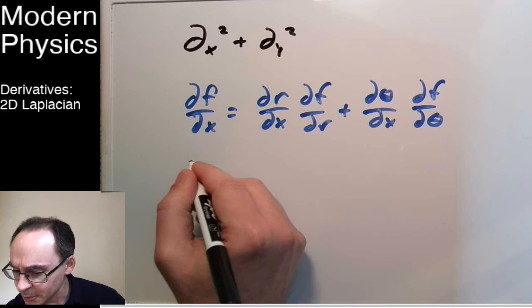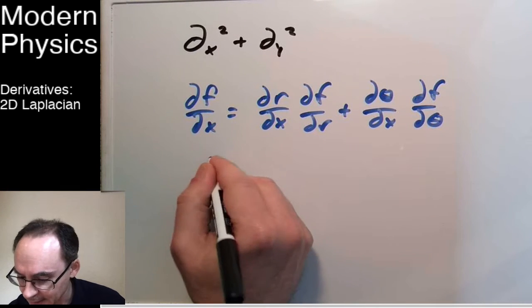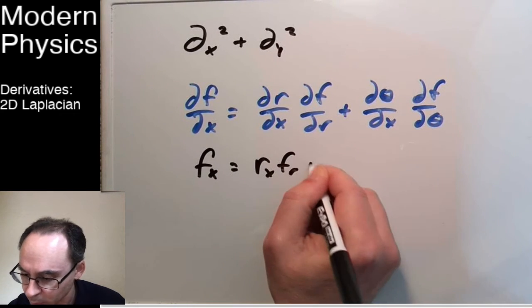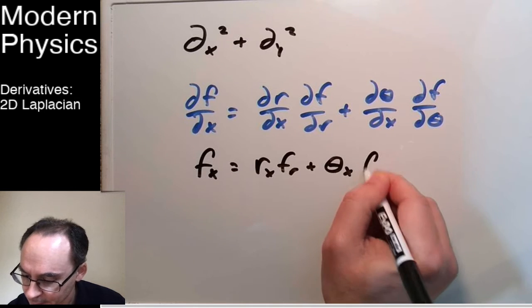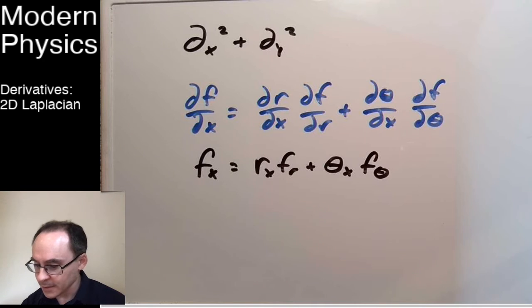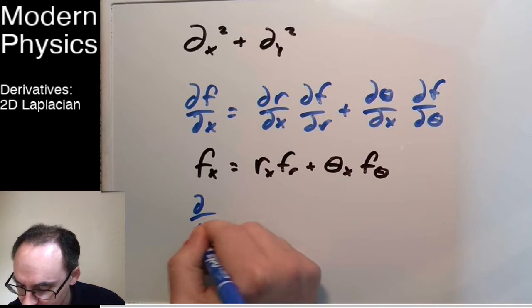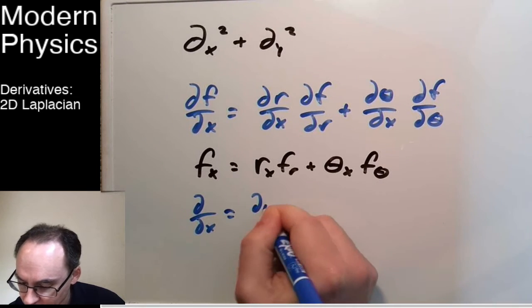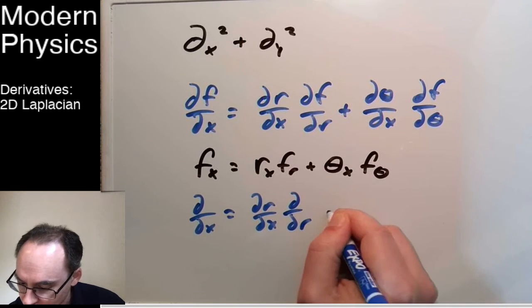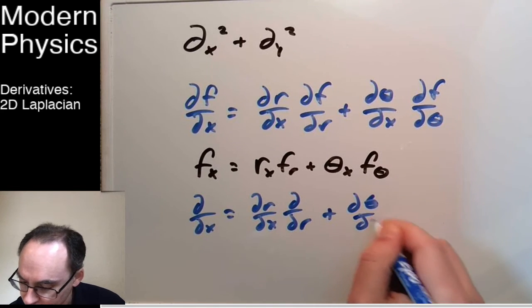In the notation that I've introduced, how would we write this? I would write this as f sub x equals r sub x f sub r plus theta sub x f sub theta. A little bit easier to write. And in fact, if I wanted to, I could even take the f out of here, and I could write this as partial x is equal to r sub x partial r plus theta sub x partial theta, like this in the long form.